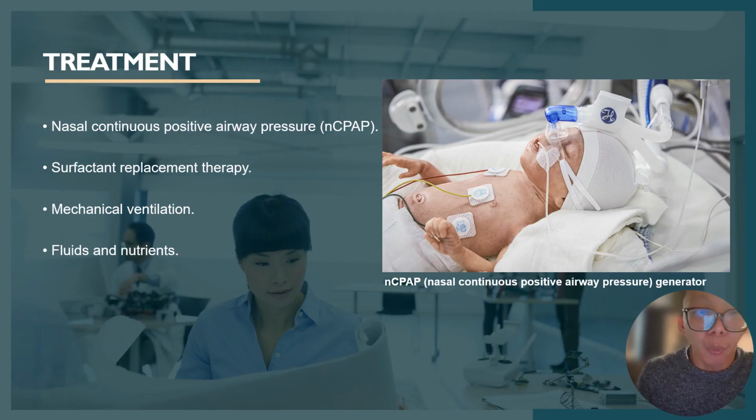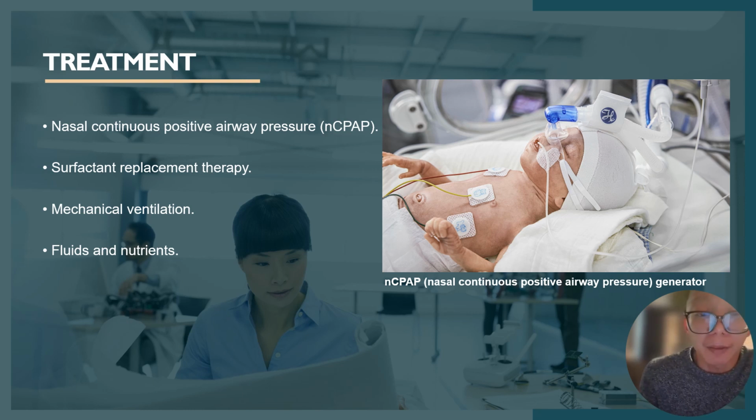Now let's go over possible treatment for NRDS. The main aim of treatment for NRDS is usually to help the infant breathe since they have difficulty breathing. The first type of treatment available is known as CPAP, or nasal continuous positive airway pressure. This device provides breathing support by gently pushing air into the baby's lungs through prongs placed in the nose.